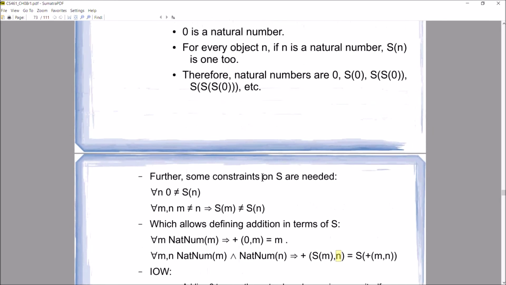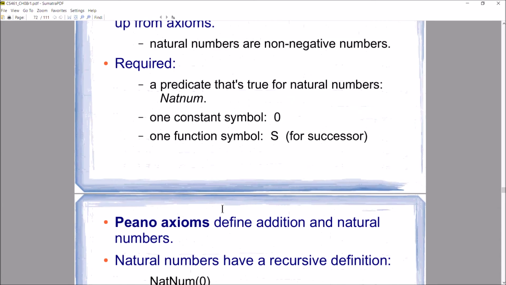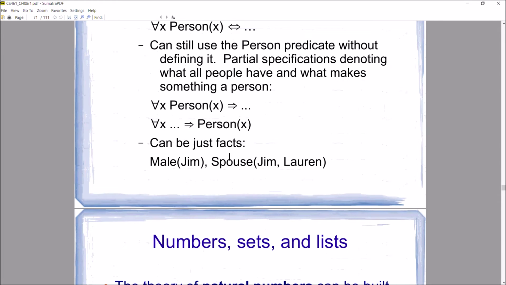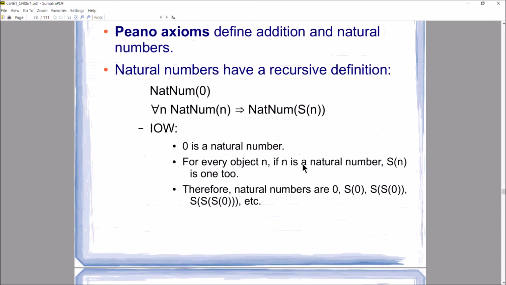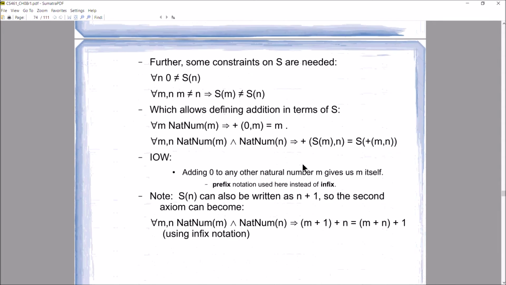It's consistent with what we saw, like the relationship spouse, Jim and Lauren. So by using the prefix notation with arithmetic symbols, it stays consistent. So you're saying, well, we're doing addition. We're taking the successor of m and adding that with n.